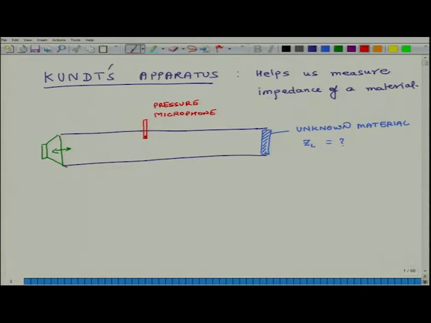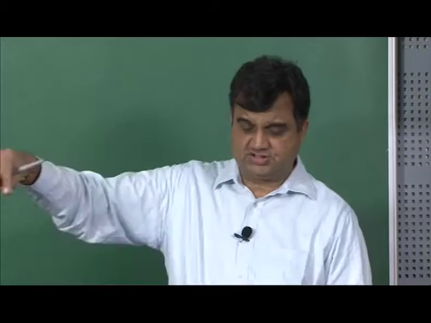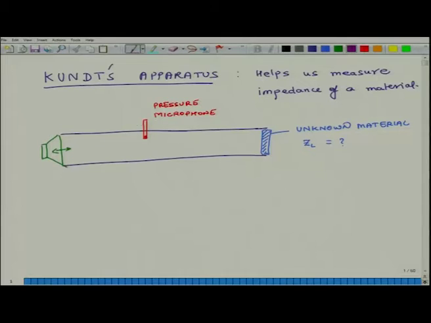So, it is a pressure microphone, and the tube is designed in such a way that there is a slot on its top surface. So, I can move this microphone to any location.